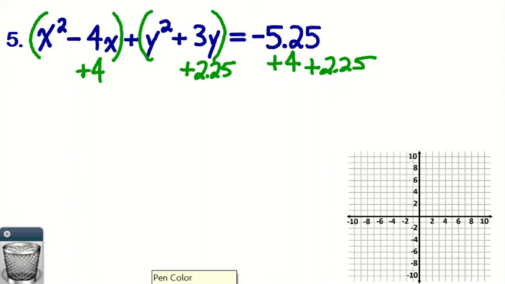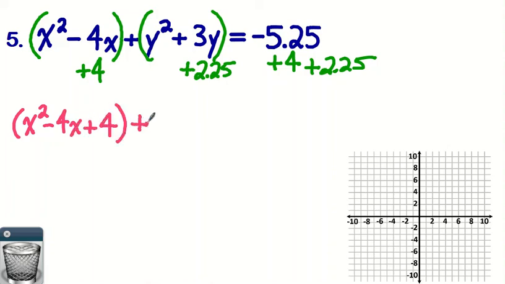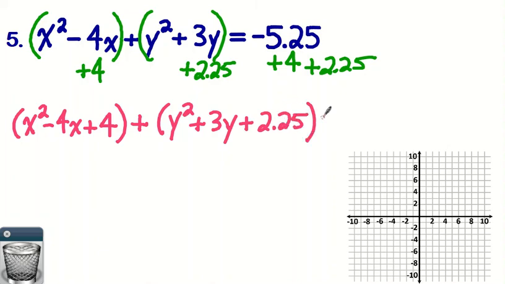So wow, okay. So x squared minus 4x plus 4 plus y squared plus 3y plus 2.25 equals, oh boy, that should just be 1.